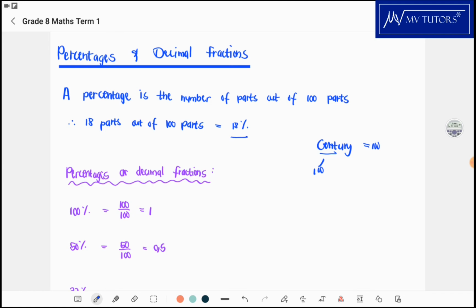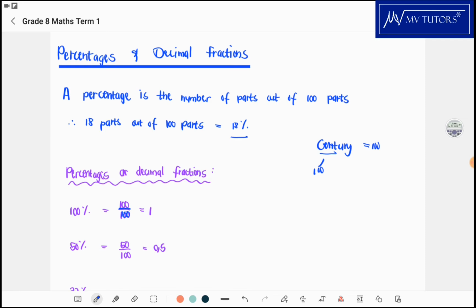And then what we can do is take our percentages and write them as decimal fractions. For example, 100% just means we have 100 per cent, which is 100 per 100. And that's just going to be 1. If we have 50%, we have 50 per 100. If you put that in the calculator, it'll basically be 0.5.